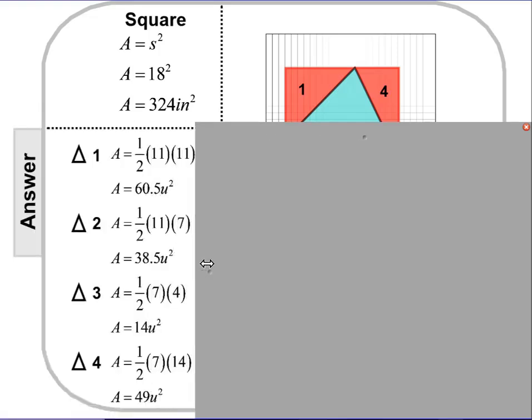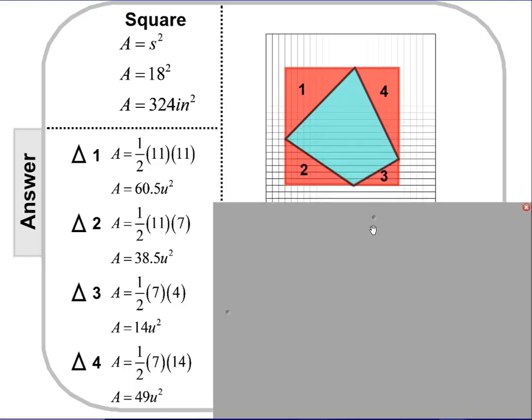Then I'm able to take a look, and I've created 4 triangles around the shape I'm trying to find the area of. Triangle 1 is 11 by 11, 11 for the base, 11 for the height, so my area is 60.5. Triangle 2, I have 11 as the base and 7 as the height, so my area is 38.5.